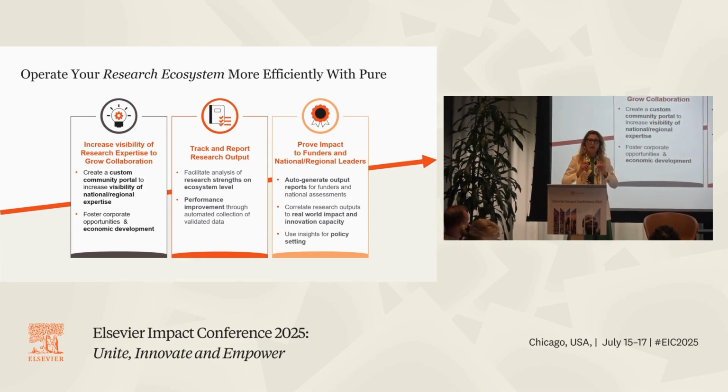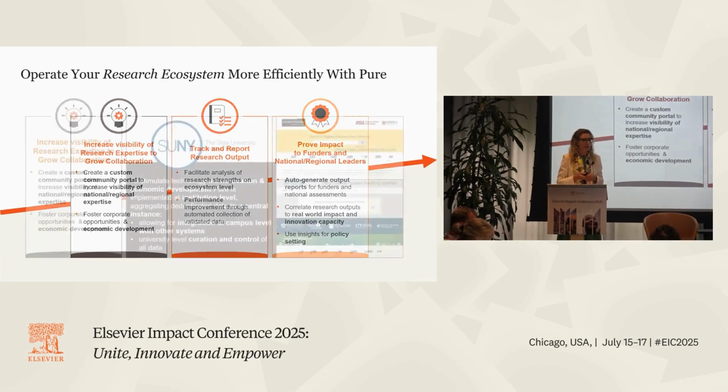Also tracking and reporting on research output on the ecosystem level, and using this information to improve the performance of the entire system together. And last but not least, proving impact to funders and national and regional leaders, auto-generating reports for funders and national assessments, correlating research outputs to real-world impact, and using insights for policy setting.